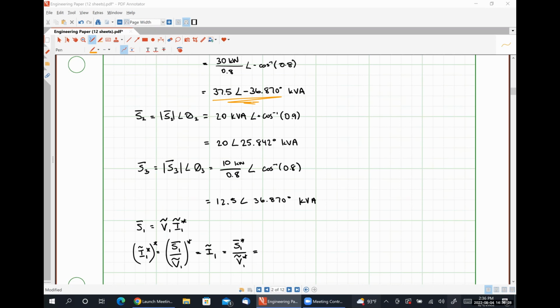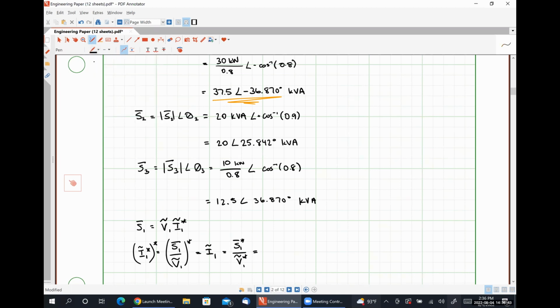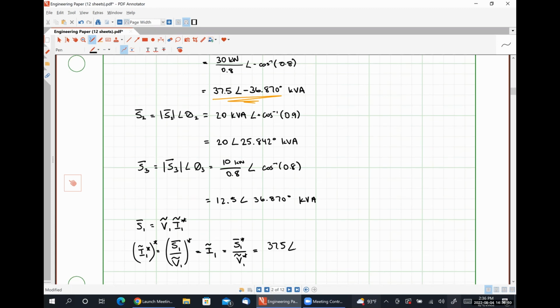So for a complex number in polar form, that is simply changing the sign on the angle. So the complex conjugate of 37.5 angle -36.870 degrees is 37.5. We leave the magnitude alone. Angle positive 36.870 degrees kVA.